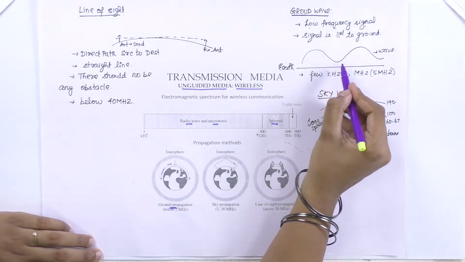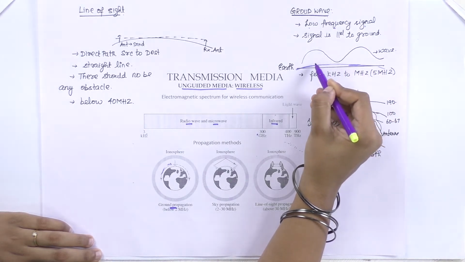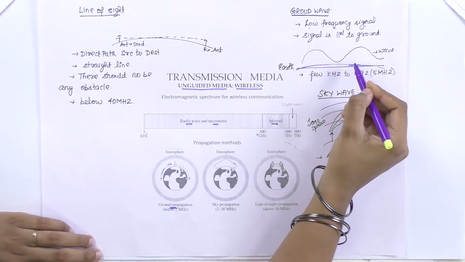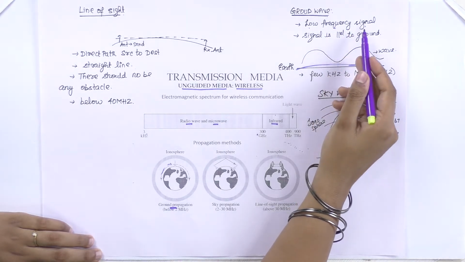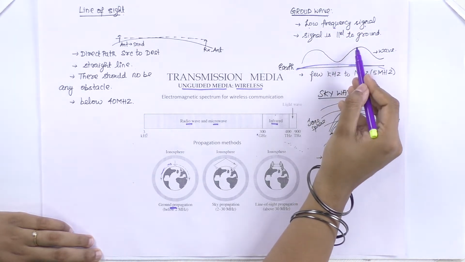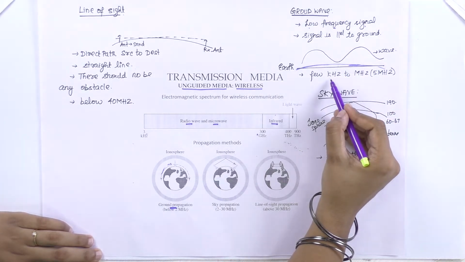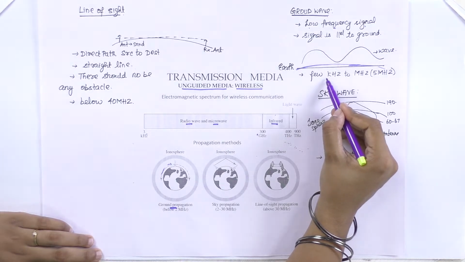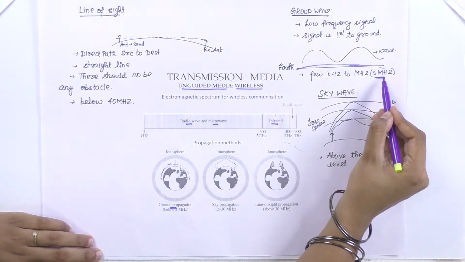You can notice that when this is the earth level, it travels parallel to the ground. So when it is of low frequency, it travels parallel to the ground. The frequency restriction of this will be between a few kilohertz to some 5 megahertz.